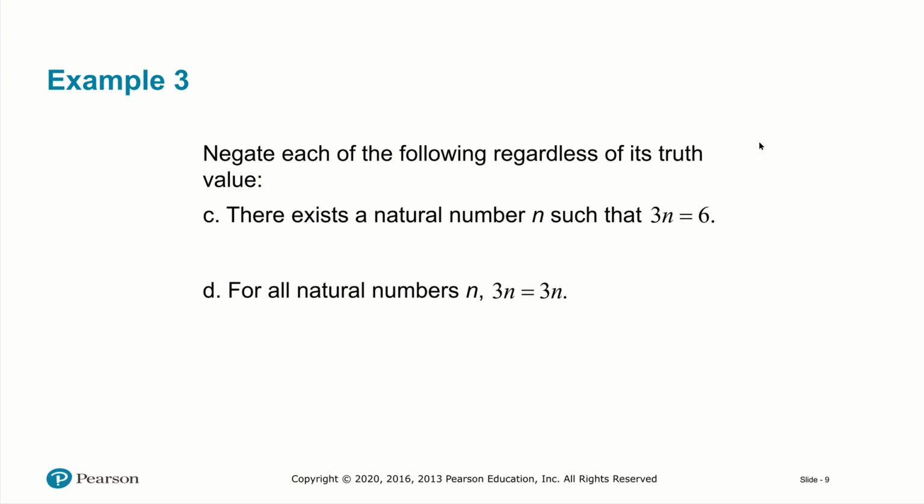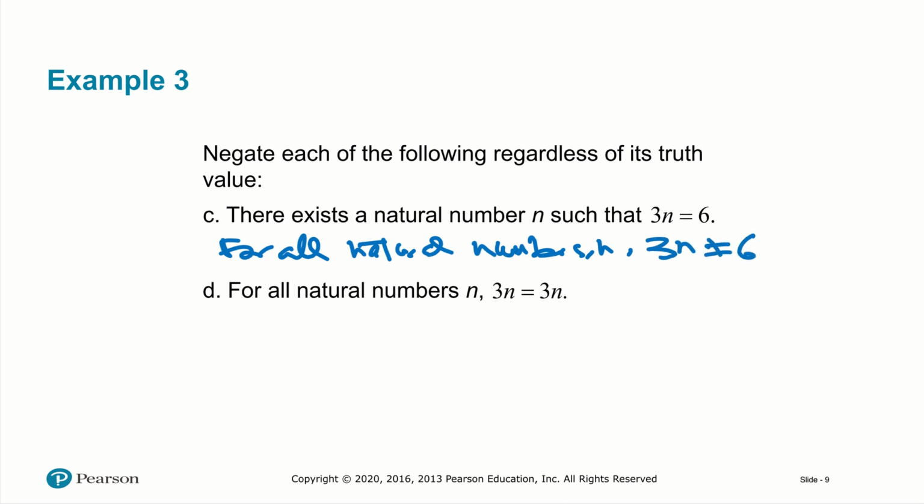So here we can again say it in different ways, but one mathematically sound way of saying it is that for all natural numbers n, 3n does not equal 6.